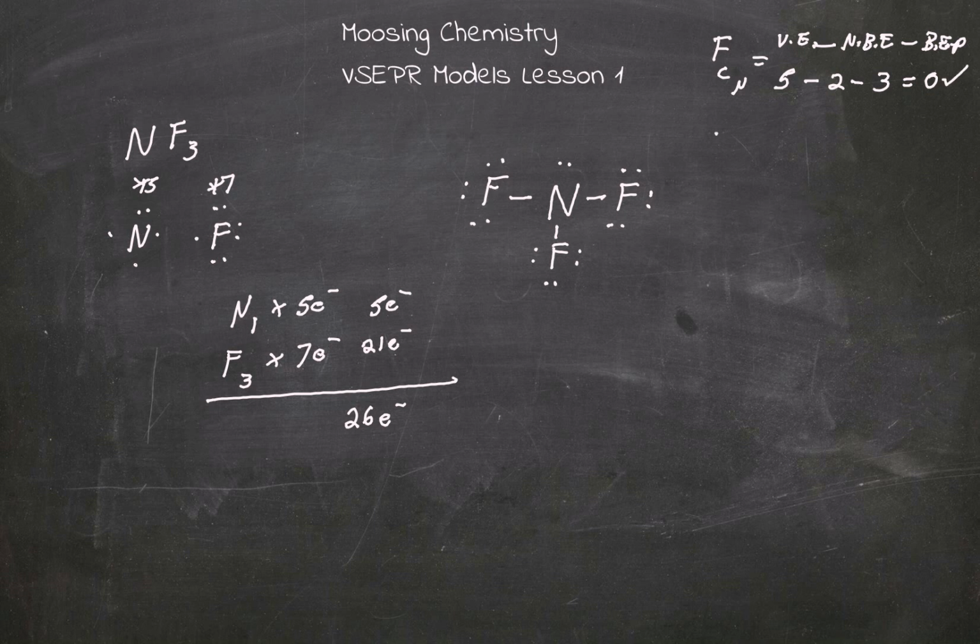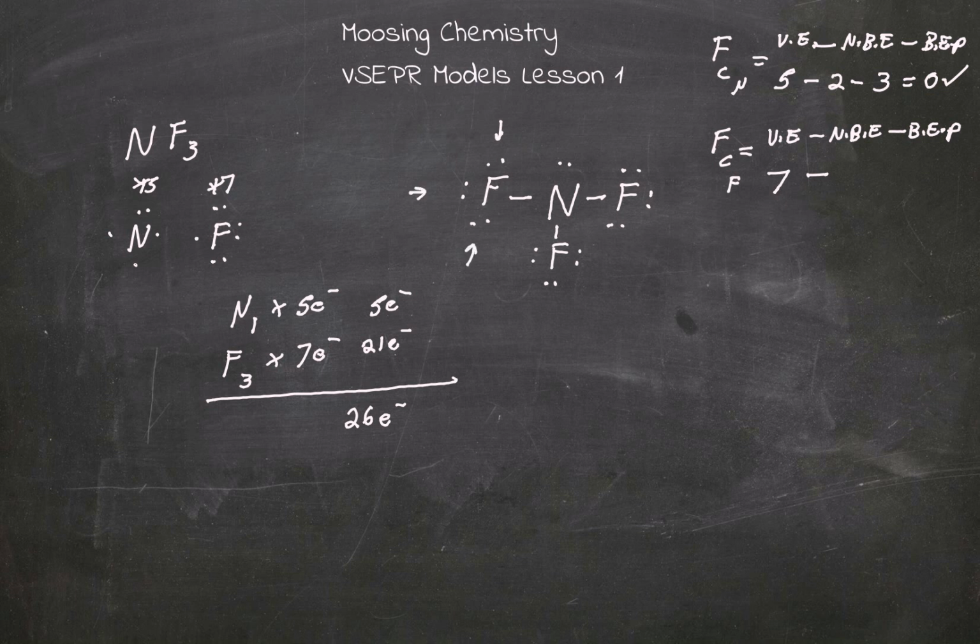So now we have 3 fluorines, but since they all look the same, we only have to do 1 of them. So our valence electrons minus our non-bonding electrons minus our bonding electron pairs. So now if we look at the fluorine atom, fluorine comes in with 7 valence electrons. Non-bonding electrons, 2, 4, and 6.